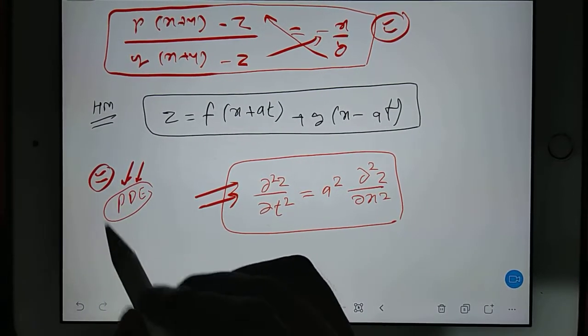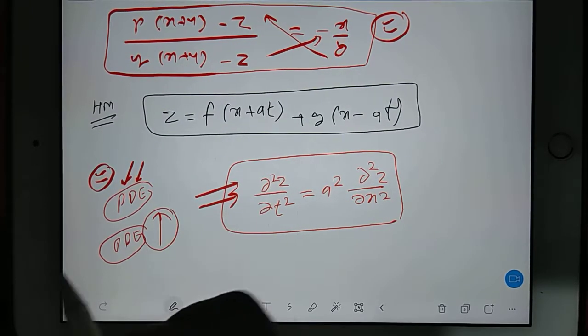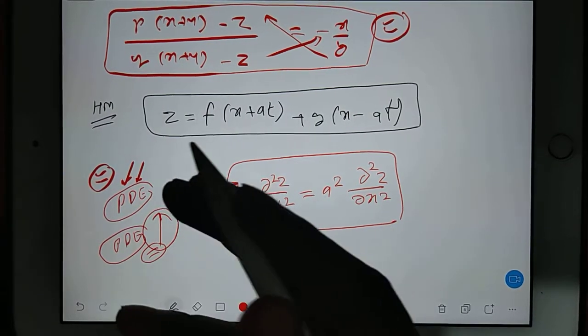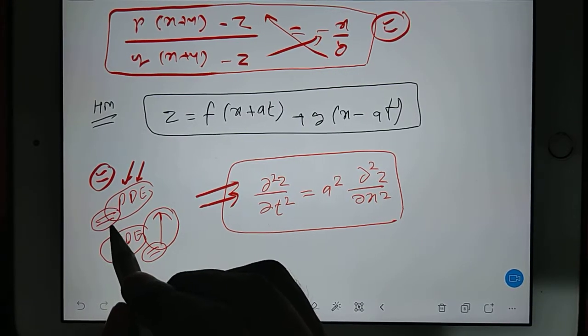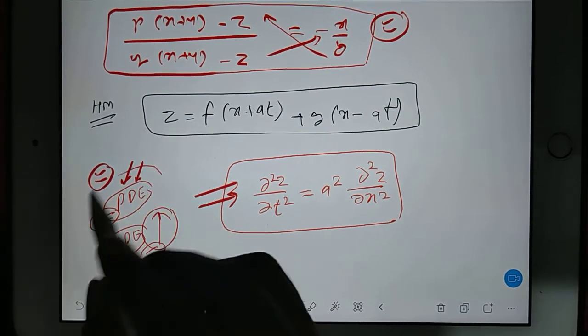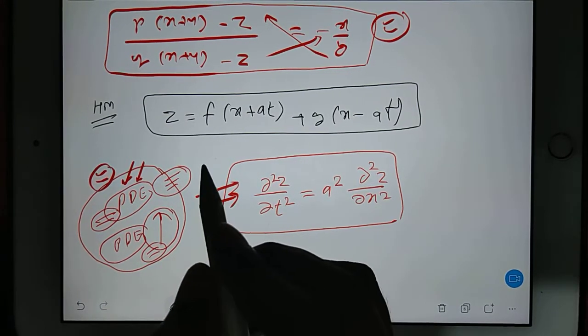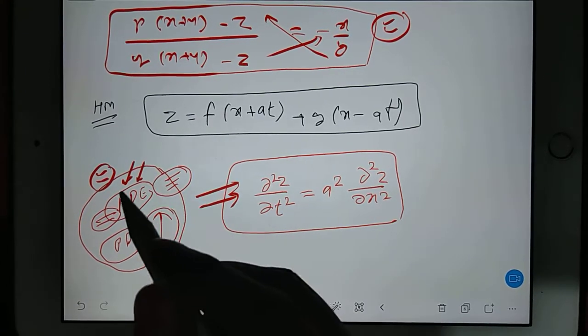Now the opposite: if a partial differential equation is given, how to convert it into its parent equation? That is called the solution, or you can say solve the particular partial differential equation. So the next unit we are going to start will go for a long time, because we have several types of methods and different types of equations, and we'll see applications also.